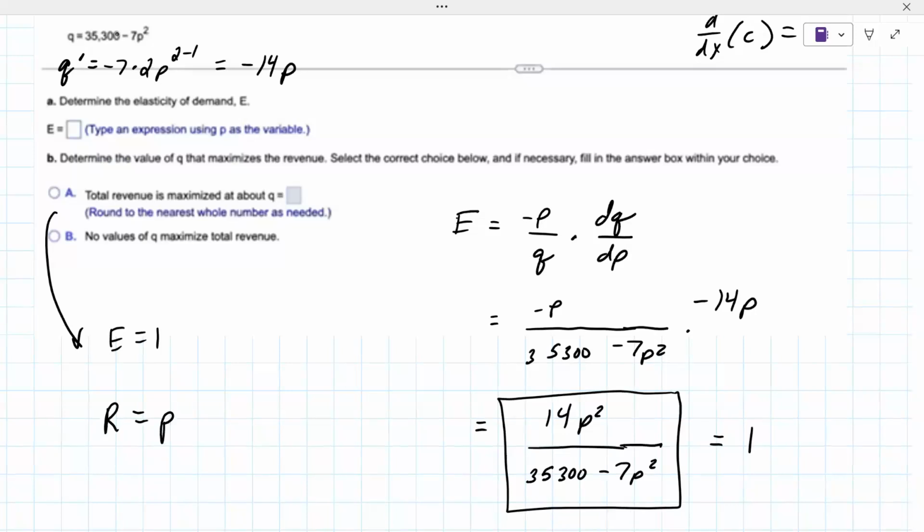Revenue is price times quantity. That's probably the way I would suggest. So it's price times 35,300 minus 7p squared. Well, I take that back. No, we should do it the other way. This is going to be harder to do it this way. Okay.